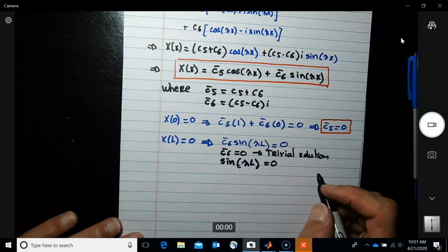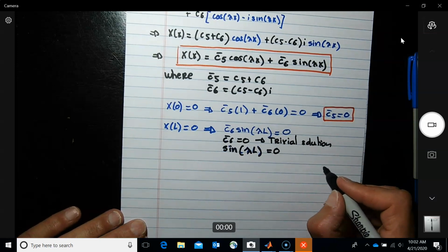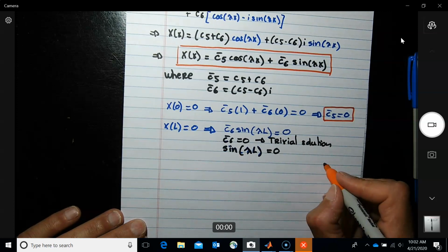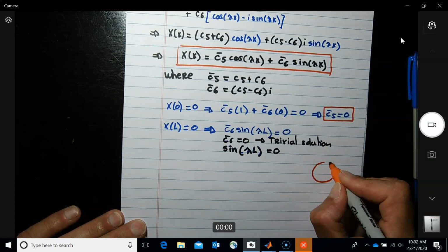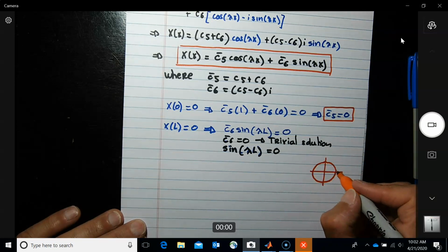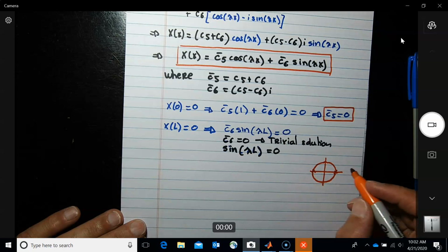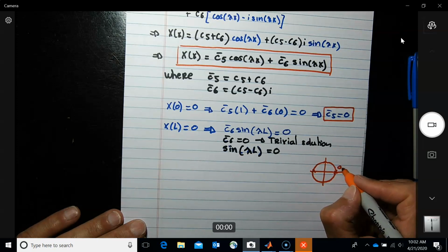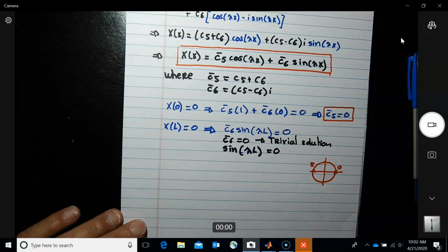So when does that happen? Remember the trigonometric circle. You know that the sine will be 0 here and here, so at 0, pi, and so on.